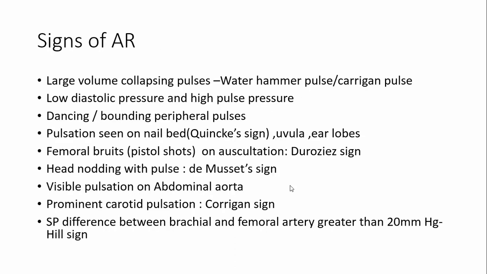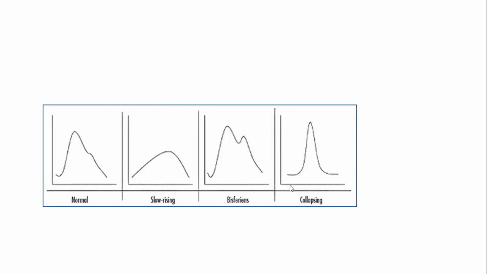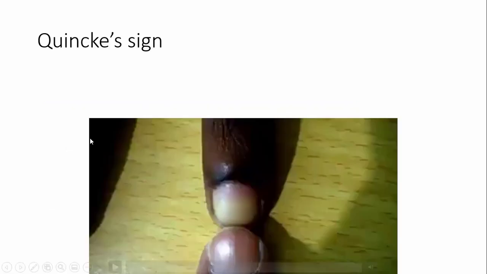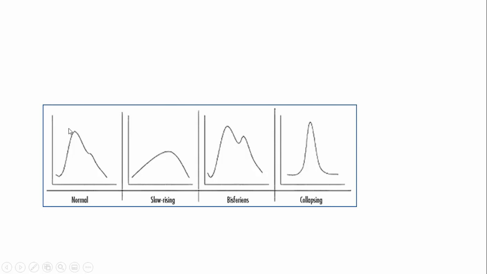There are many signs seen in the patient with aortic regurgitation. So let's start talking about the signs. One of the signs is large volume collapsing pulse, which is also called water hammer pulse or Corrigan pulse. If you see this drawing, the normal pulse is like this, and in aortic regurgitation, due to the high stroke volume, the pulse upstrokes and falls down so quickly, so steeply.